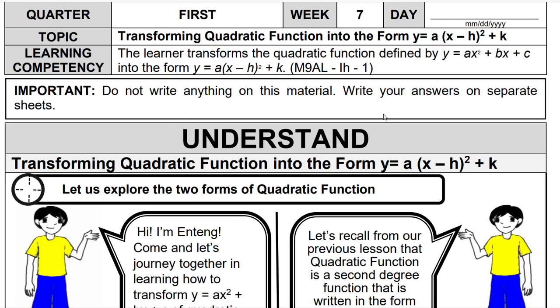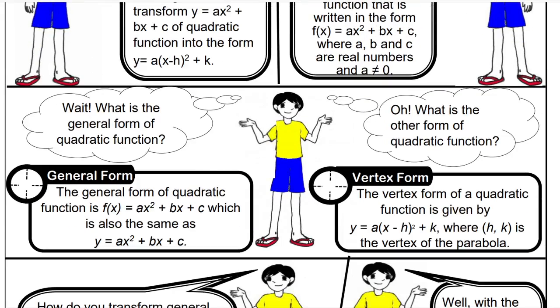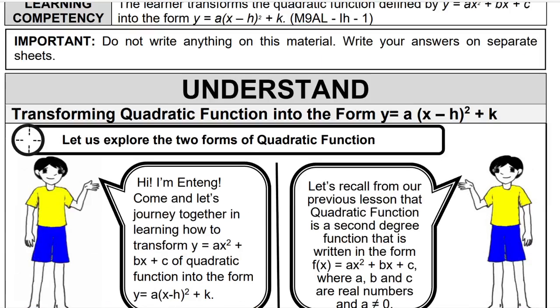So what you need to understand here is transforming a quadratic function into the form y equals a times the quantity x minus h squared plus k. Let us explore the two forms of quadratic function.